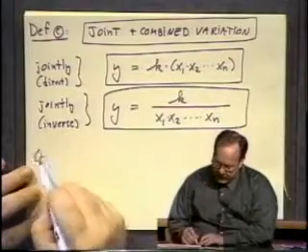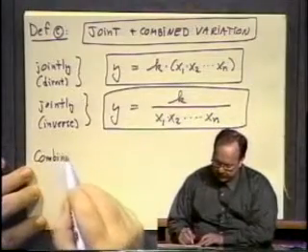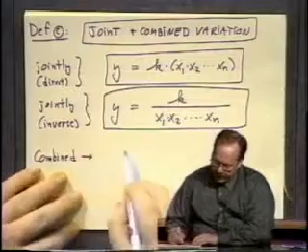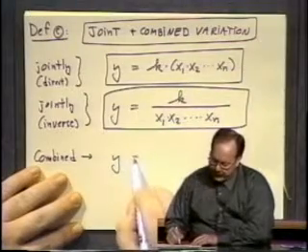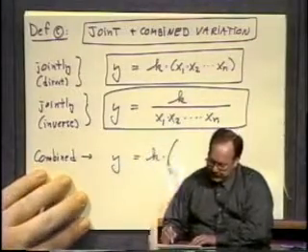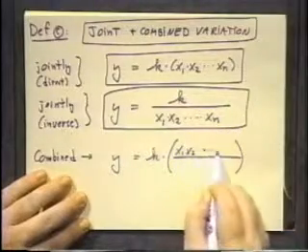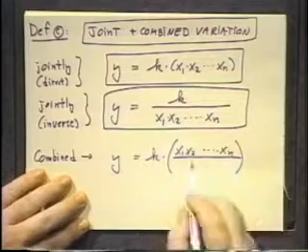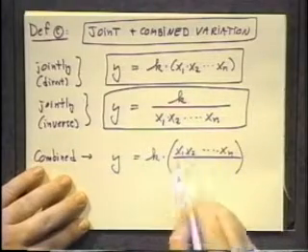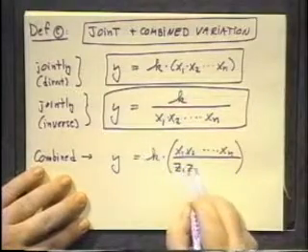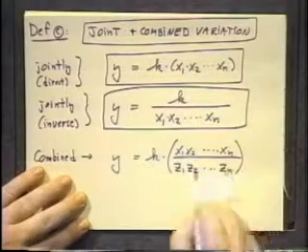And finally, there's the combined variation, where you might have y equals k, I'll put it out front, times, well, there might be one or more variables on top. There could be just one, but there might be one or more, and x1 to xn will represent those, and then say z1, z2 up to zn will represent the bottom.